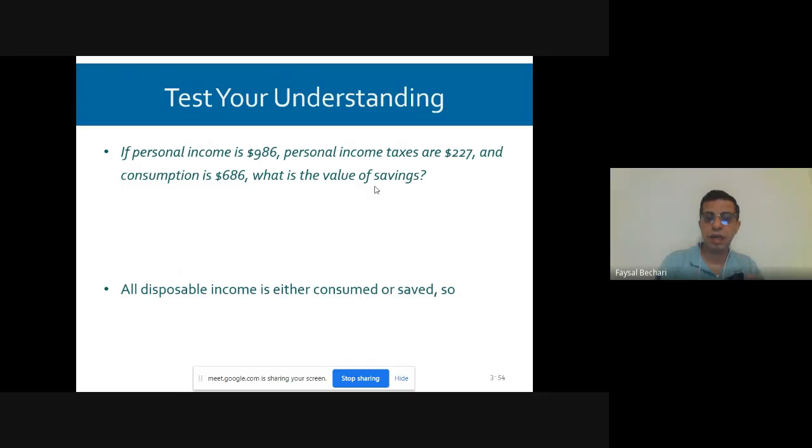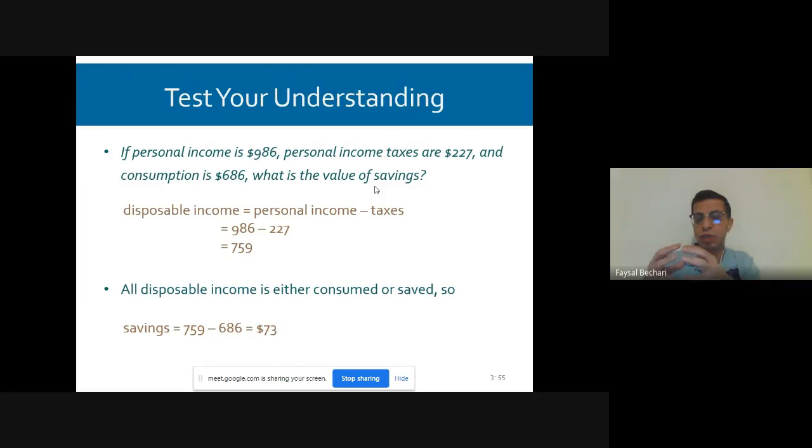The value of the saving is, as we said, the disposable income, which is equal to the personal income minus the taxes. So that's the disposable income, which is $725. Now, out of that, if you spend on consumption, the money for food and everything, what remains, for example, is $73, which is what you're saving.